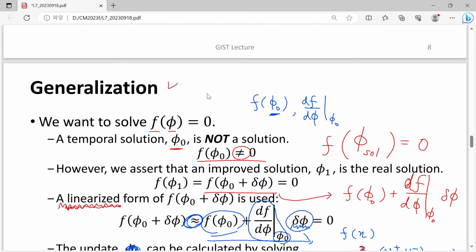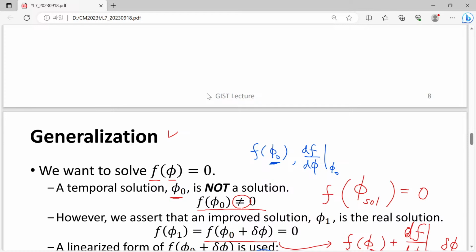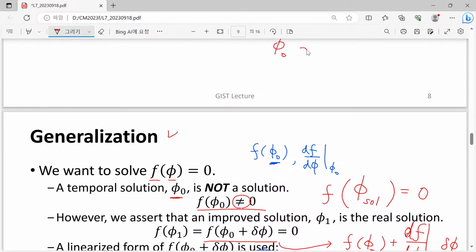Okay, so let me restate his question. Once we start from phi naught, then we can go to phi 1 and phi 2, and we can just increase the index. Then we can approach the realistic solution. His question was, then it seems that the selection of phi naught is quite important, but how can we calculate or guess this phi naught?